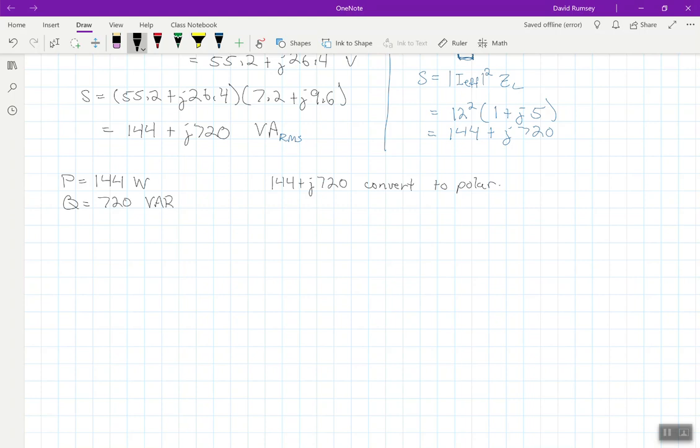So let's go ahead and do that. I'm going to just do that real quickly on my calculator. I don't have that in my notes for some reason.